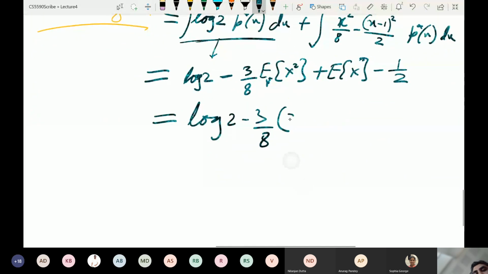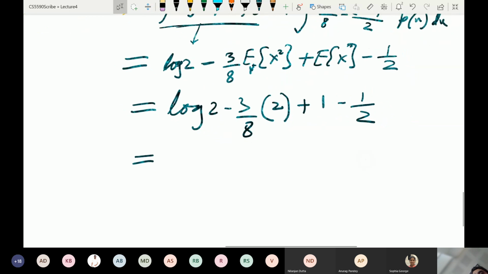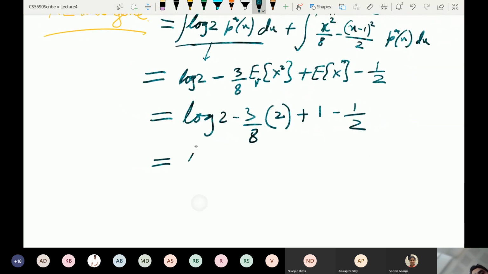That's what we already used. So 2 plus 1 minus half, that's equal to 1 by 4. So this is 3 by 4. So 1 by 4 minus half, which is 1 by 4. So log 2 plus 1 by 4, right?